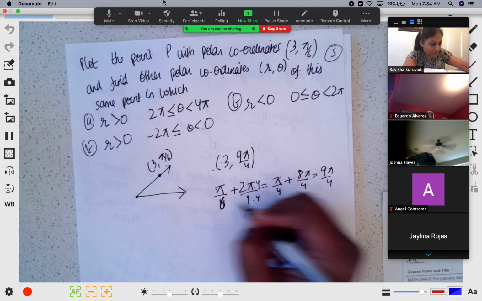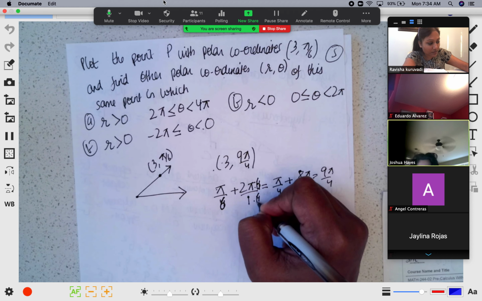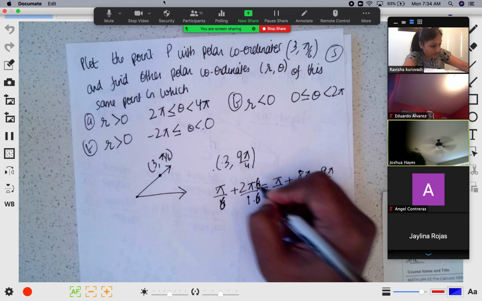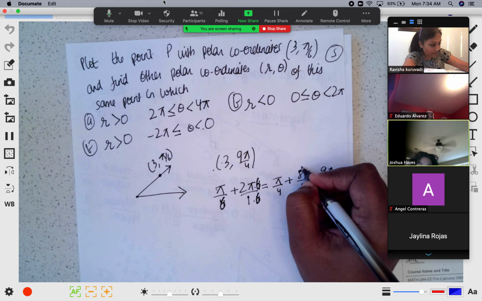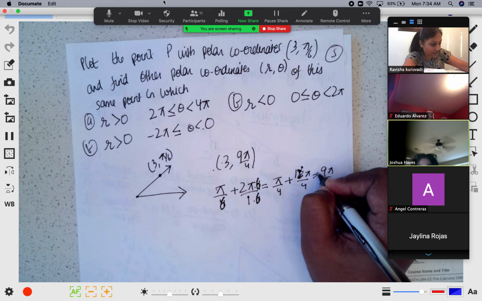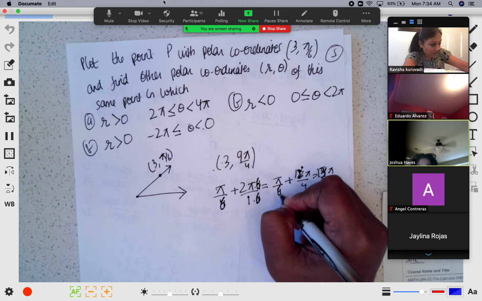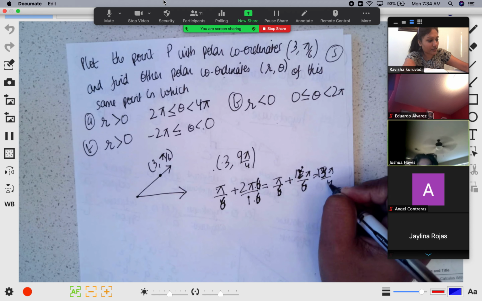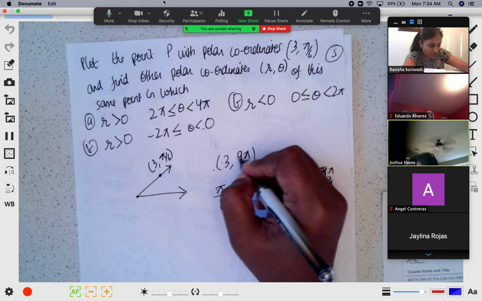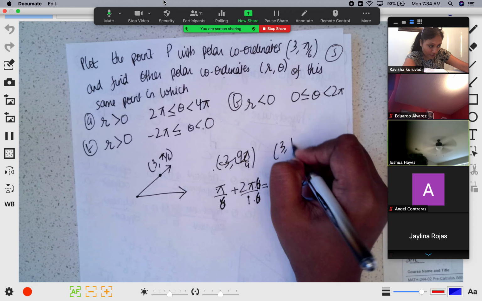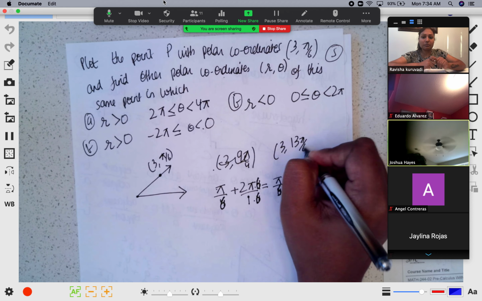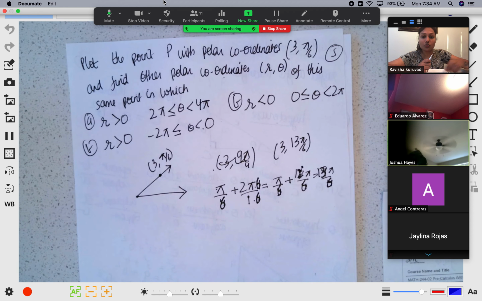So what does it become? 13 pi over 6. Thanks for correcting me. So if they're asking between 2 pi and 4 pi, you just add 2 pi.